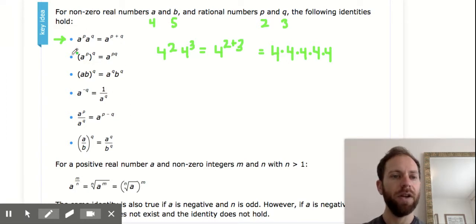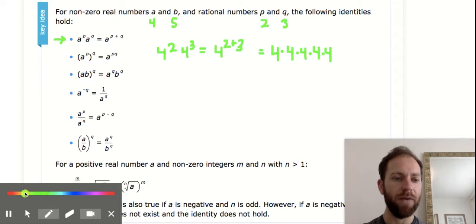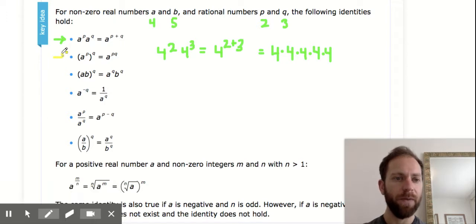All right, let's look at when you have a power to another power. When you have A to the power of P, that's like 4 to the power of 2, and then all that to the power of Q, in this case 3, it's saying that that's the same thing as 4 to the power of 2 times 3. Sorry, that should be a 3.